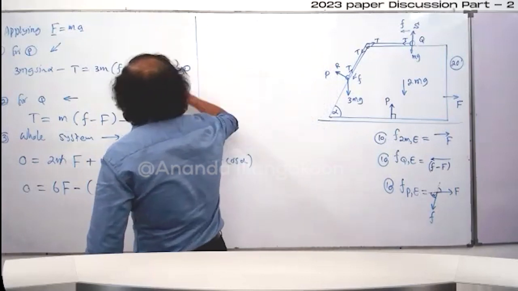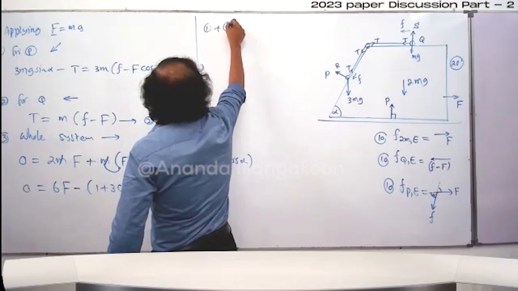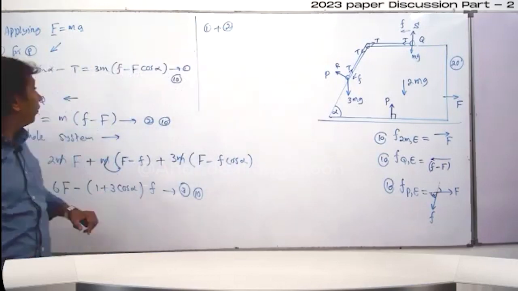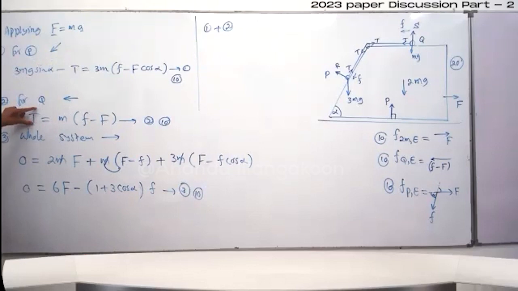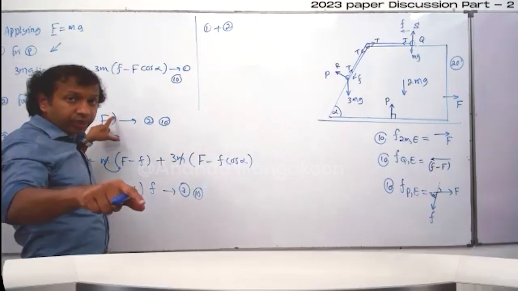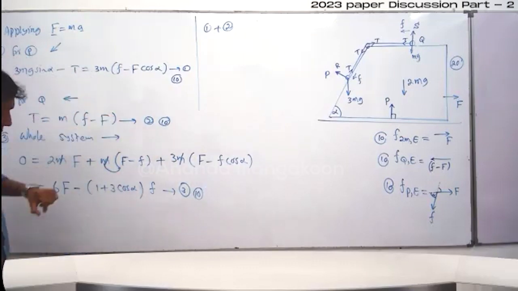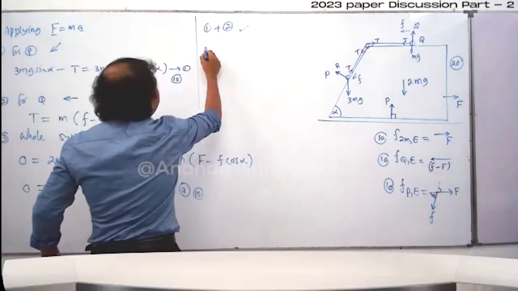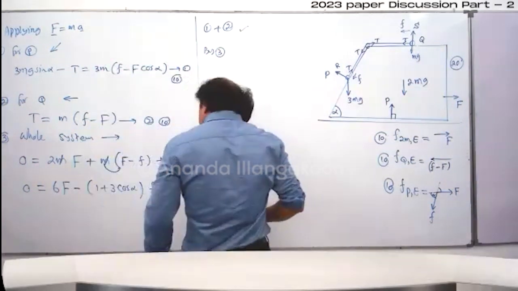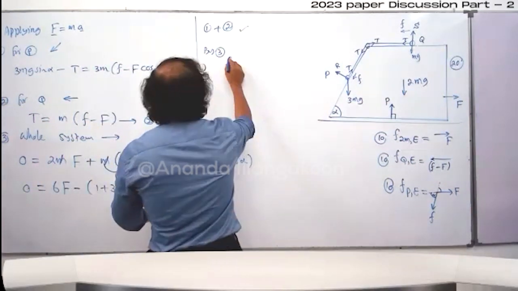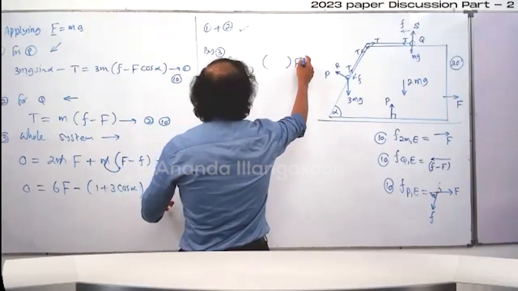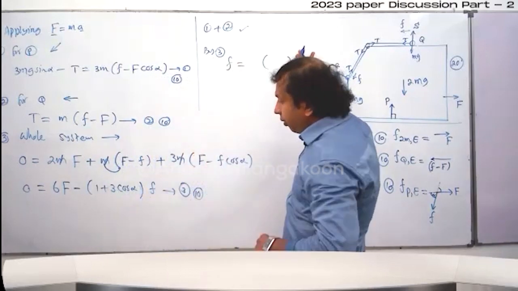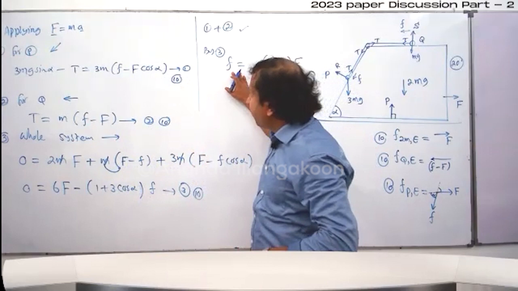First, add this 1 and 2. What happens, people, there? Minus 3 plus 3 will cancel. The left hand side we get this one. Right hand side we have simple f and capital F in that equation. We need to find this capital F. Then what we do is this. By number 3, subject this simple f, which will come in terms of capital F. Now this simple f answer we have to substitute.